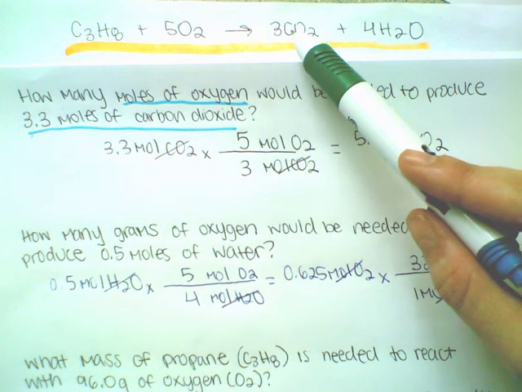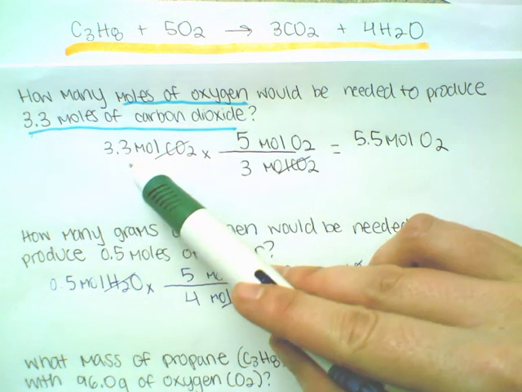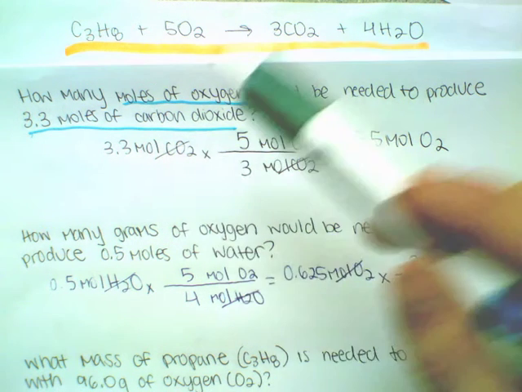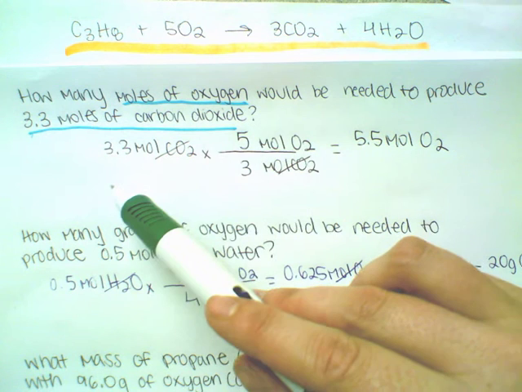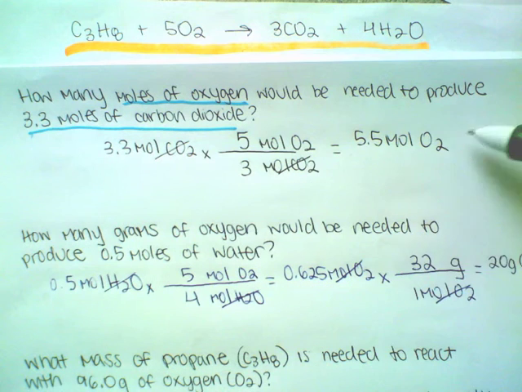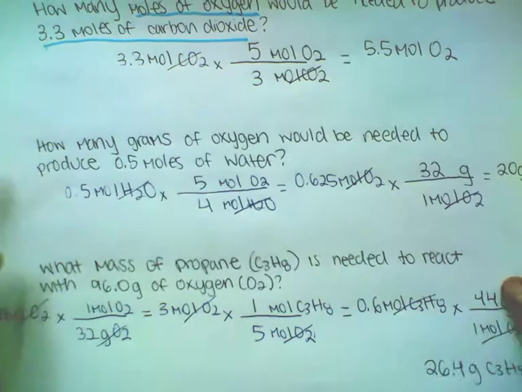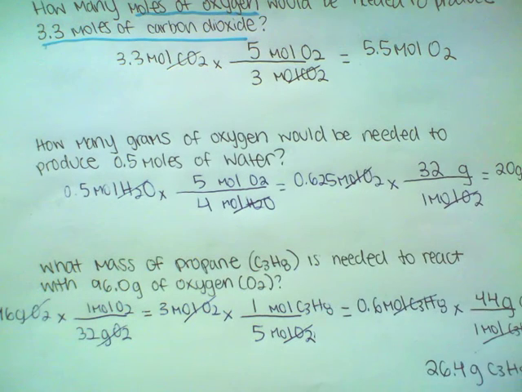Now instead of 3 moles, we were putting in 3.3, so just a little bit more. So if we wanted to make just a little bit more carbon dioxide, we're going to need just a little bit more oxygen.